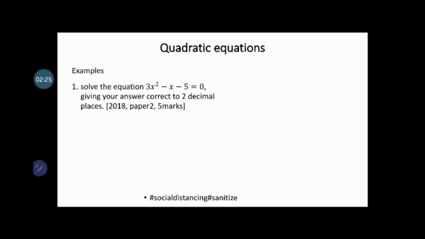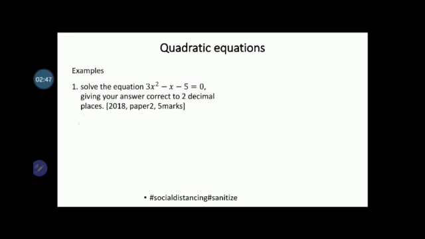So we have to solve the equation 3x squared minus x minus 5 is equal to 0. Give your answer correct to 2 decimal places. It's been equated to 0, so it's as good as they're asking you to find the x-intercepts or the roots of the equation.